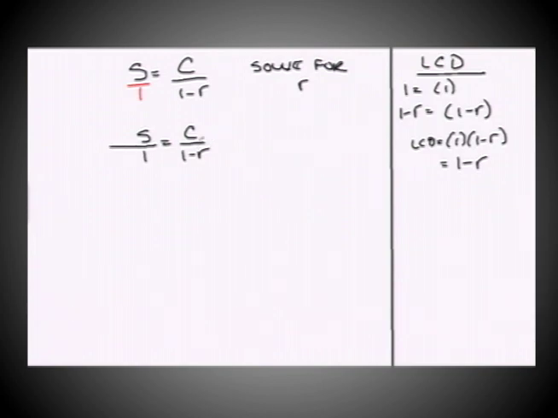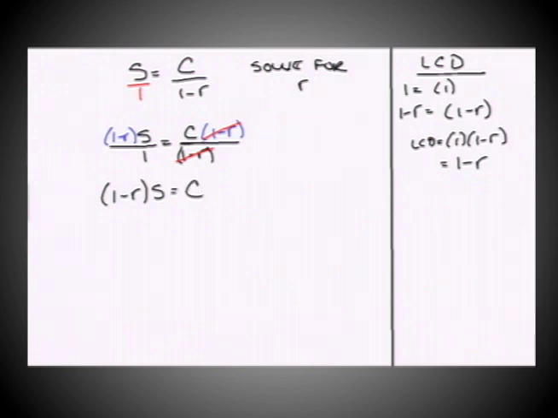I'm going to extend my fraction bars here so that I have room to do that. Just as a reminder, this happens in the numerator, 1 minus r, 1 minus r. Also going to come back and put parentheses around that to show that it is a factor. And we get that anything divided by itself is 1 here. So I'm left with 1 minus r times S equals C.